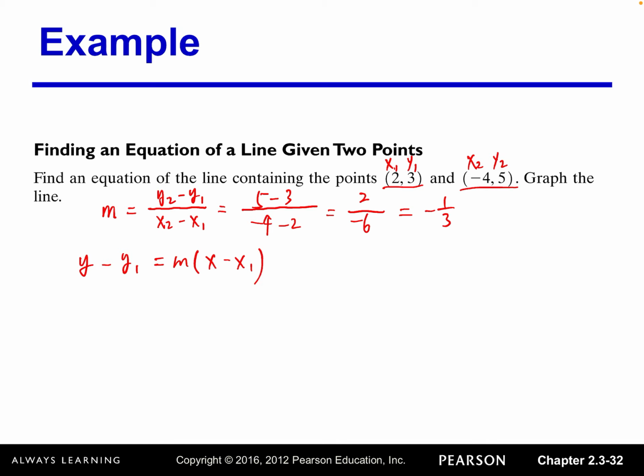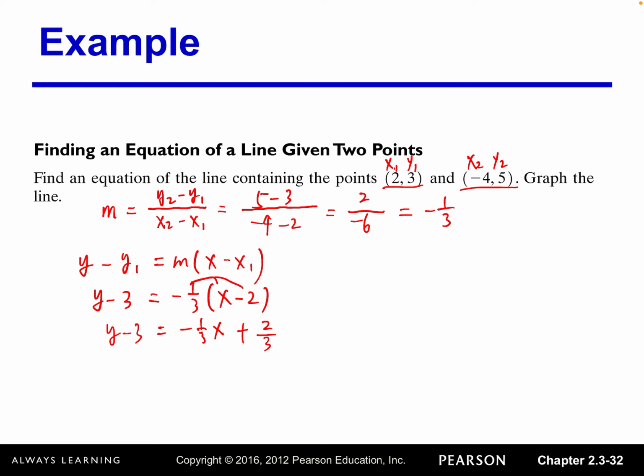So let's do the first point, 2, 3 first. y minus y1, that's 3, equals slope -1/3 times x minus x1, that's -2. So we eliminate the parentheses on the right hand side. y minus 3 equals -1/3 of x plus 2/3, right?